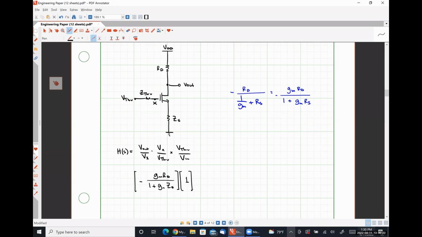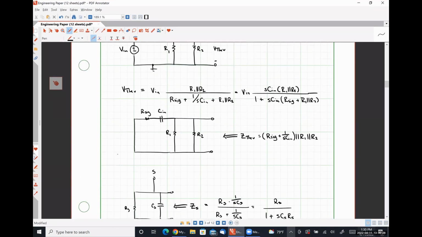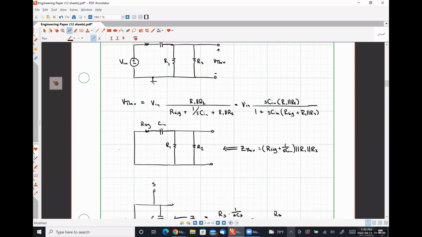And then lastly, we need our transfer function of Vthev over Vn. So I'm just going to scroll up here. If I take this expression right here and divide both sides by a factor of Vn, that's absolutely the transfer function that I'm looking for.